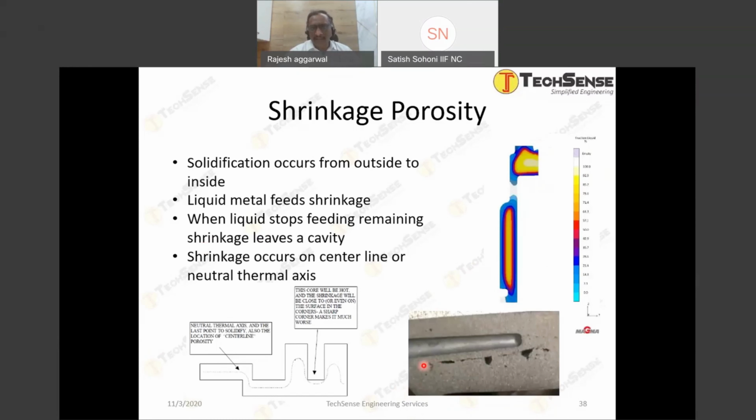For example, in this casting, the neutral thermal axis is coming over here. This is the casting thickness from the core pin to this side, but the neutral thermal axis is coming closer to the core pin because the core pin temperature will be much higher, right? So the neutral thermal axis shifted towards the core pin.